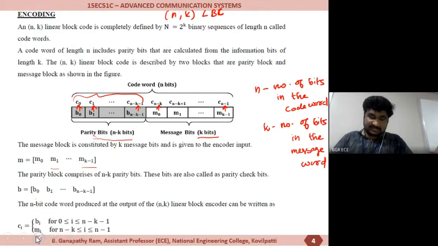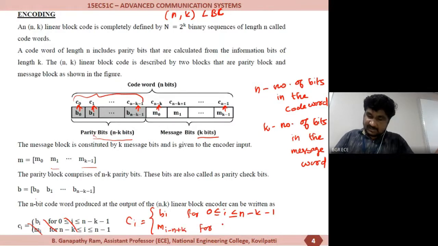So here it is given wrongly, and this equation can be replaced as Ci is equal to Bi for 0 less than or equal to i less than or equal to n minus k minus 1, and Ci is equal to Mi minus n plus k for n minus k to n minus 1.